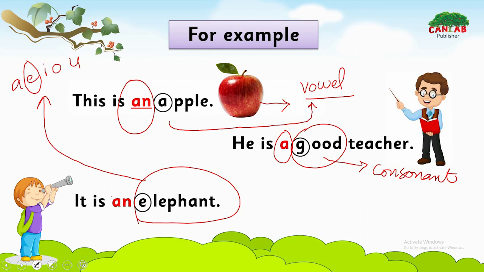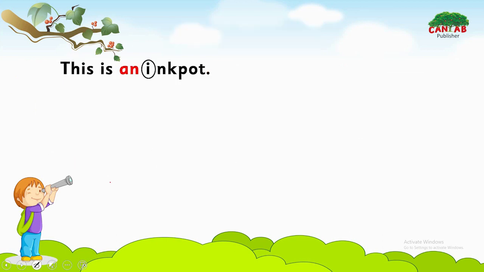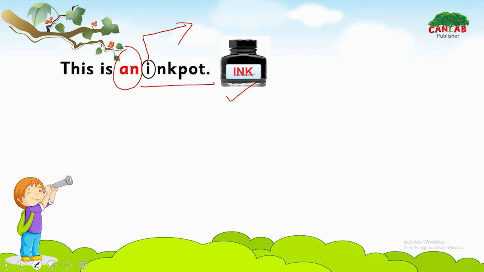That is why an is used. The next example is, this is an ink pot. Again, you are seeing the ink pot starts with a vowel, and it has a vowel sound.